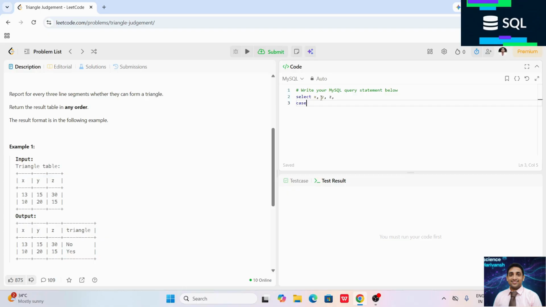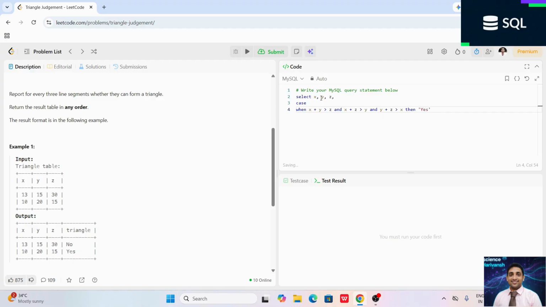Okay, so when x plus y is greater than z and x plus z is greater than y and y plus z is greater than x, then yes.